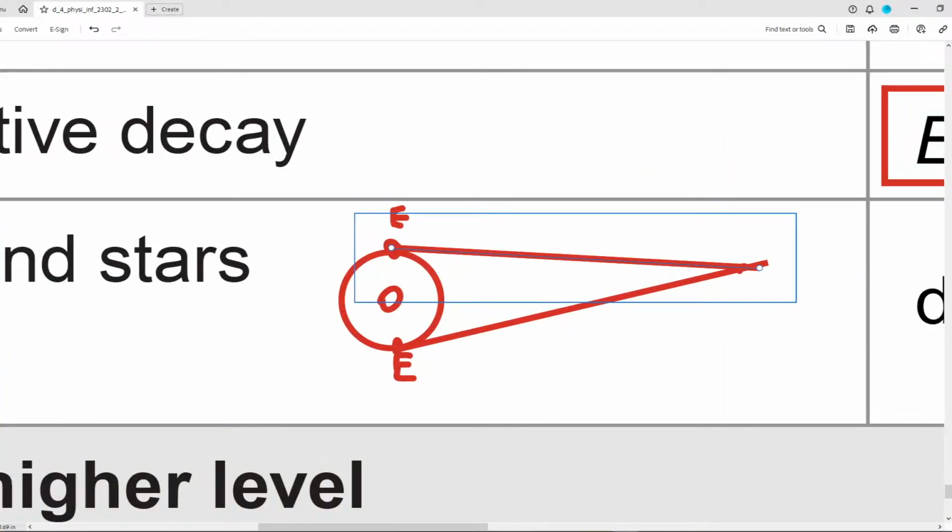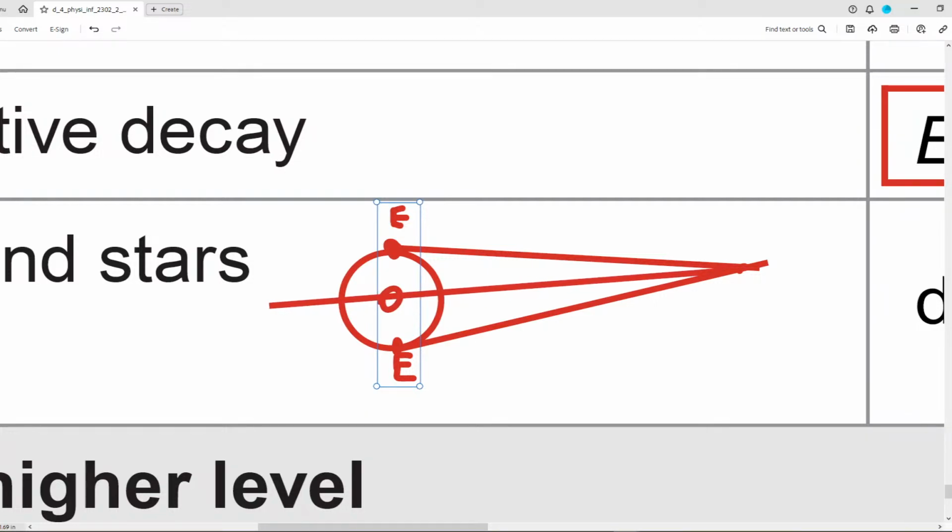So what they do is notice that there is a small parallax, a small angle in between here and here. We know the distance between here. This is the parallax angle.